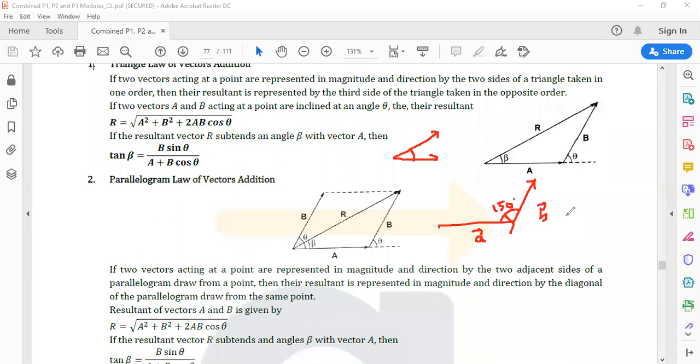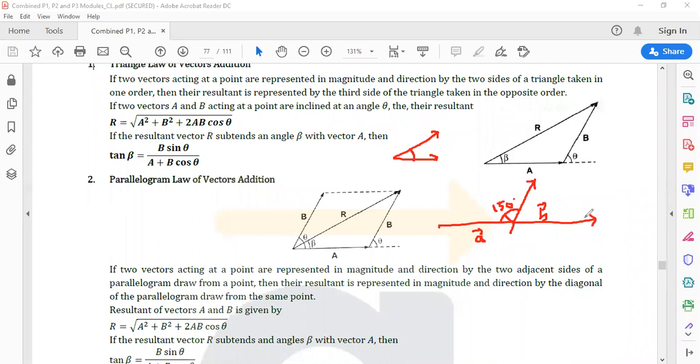Students who attended last year's foundation class might find it easy; we have discussed many problems like that. Now see, this angle 150 is the angle between the head of vector A and the tail of vector B. But we know that the angle between two vectors is the angle between their tails. So we move vector A like this, because we can parallelly shift any vector.